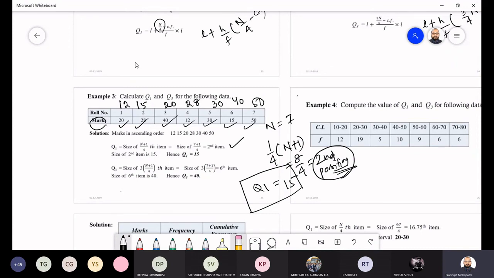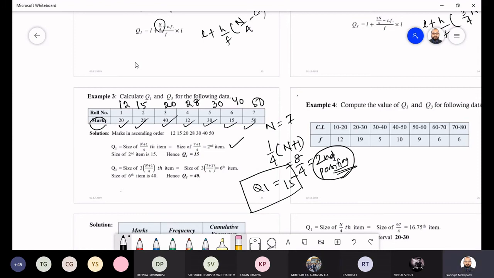That is absolutely wrong. The 2 is just giving the position. The data is different. Clear or not? 7 data are there. So n plus 1 by 4, that 2 is just a position. It is not a value. Are you getting?